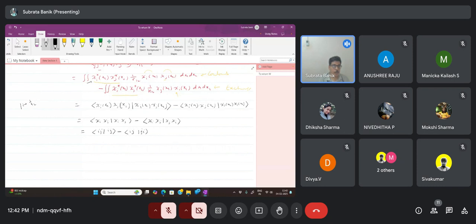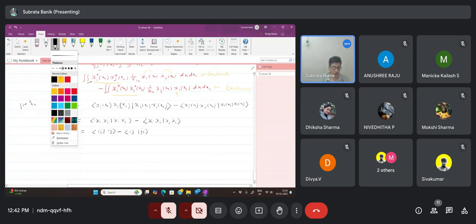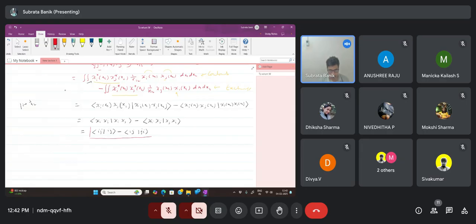Right? So this way of writing the expectation value is also called Dirac notation or physicist notation.